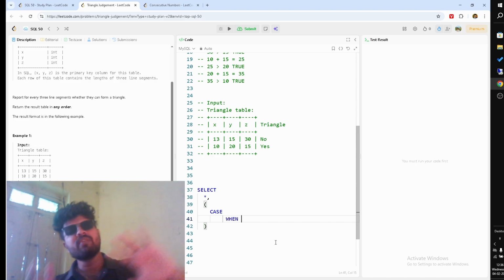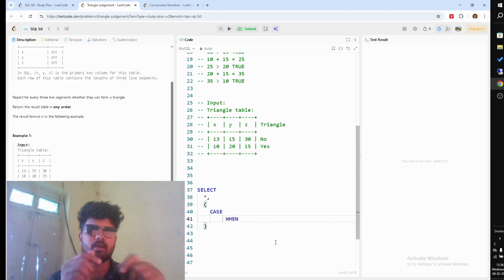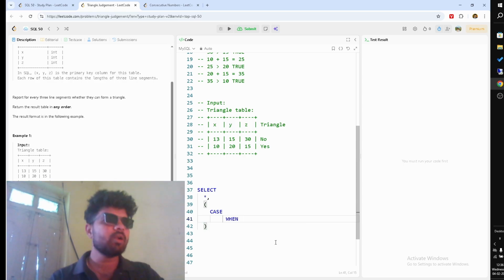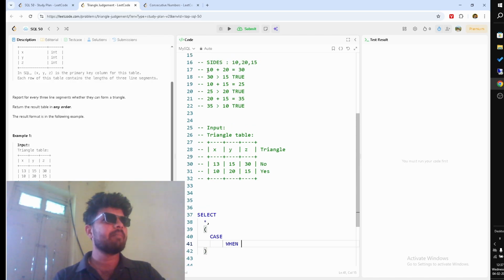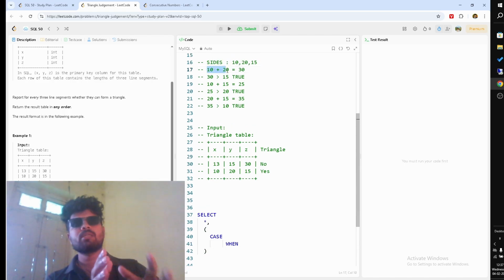Now we are converting that information, that strategy, into a SQL query.